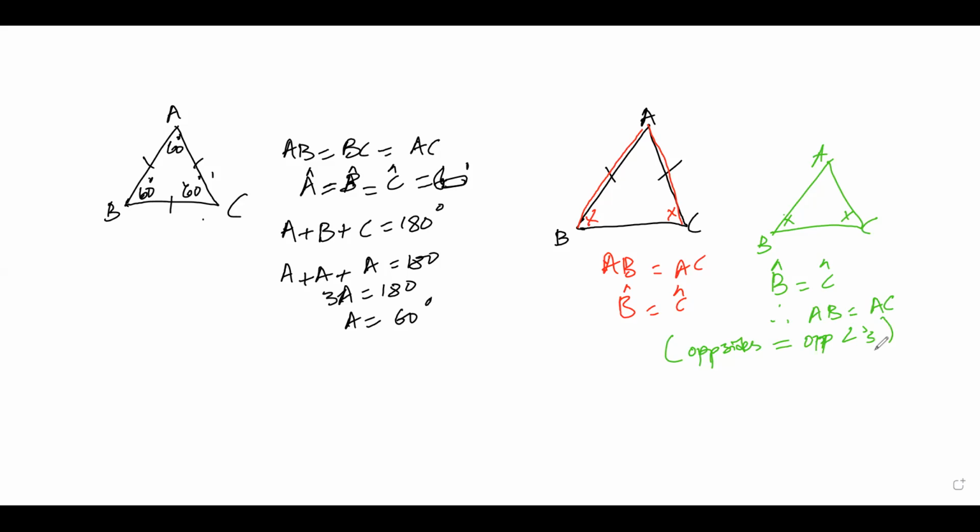Then we also have congruency. Congruency has 4 options. If they ask you to prove that triangles are congruent, you can prove them by these options. Remember, corresponding is like the one that is similar to that or on the same side.